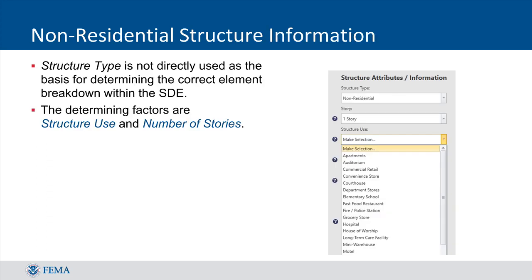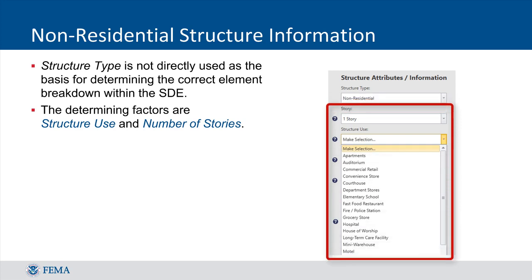Although selecting non-residential is important, it is not the main factor in determining the value of the structure. The number of stories and building use are the critical factors that SDE needs to make this determination. Once you have selected non-residential as structure type, you will be given a number of different choices for both number of stories and structure use.